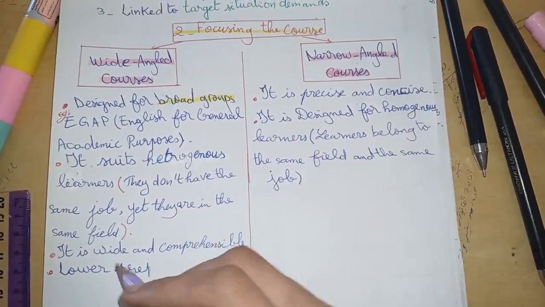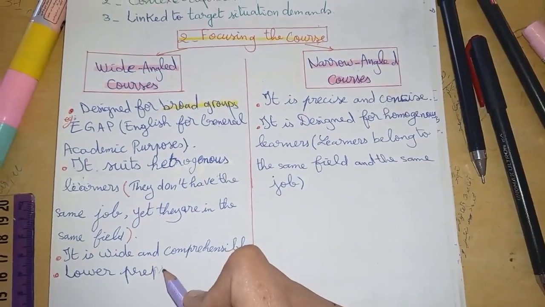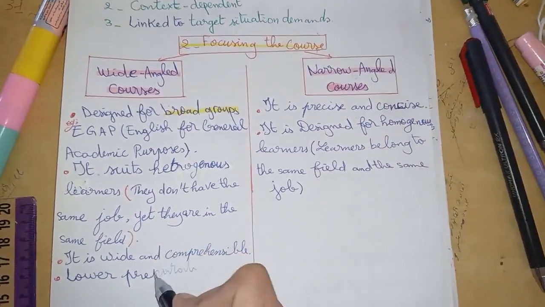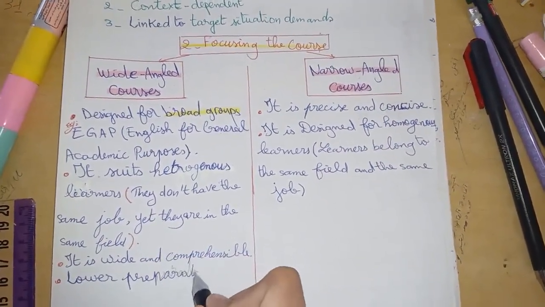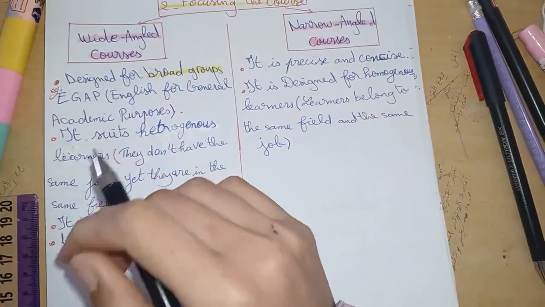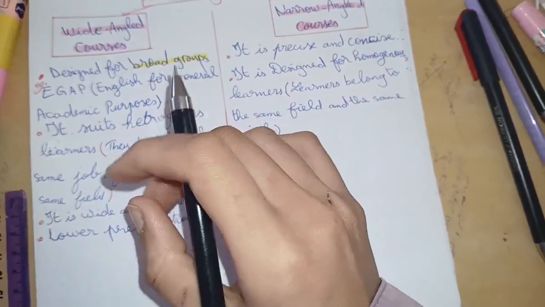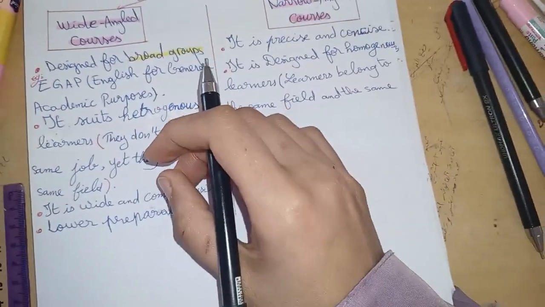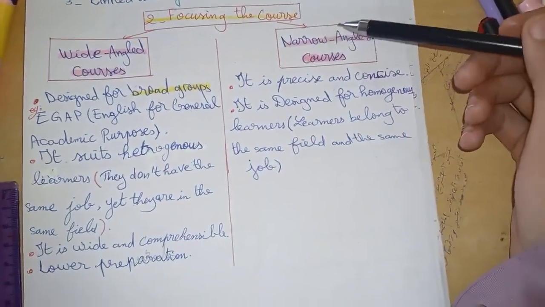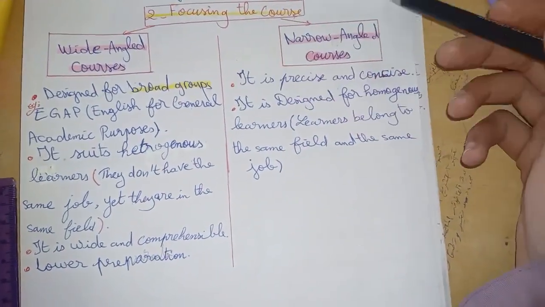It needs lower preparation, I think. So the teacher here does not prepare very much or take much time. Yet we'll see the other one, in which there is the difference.